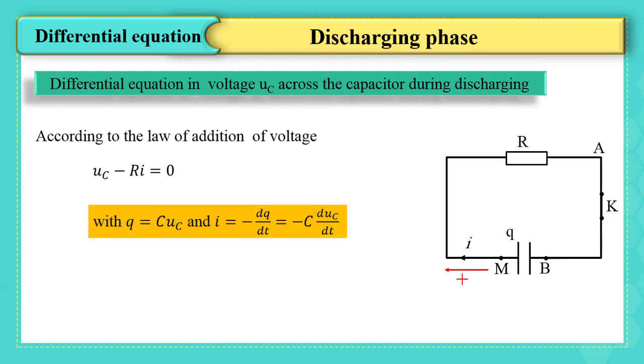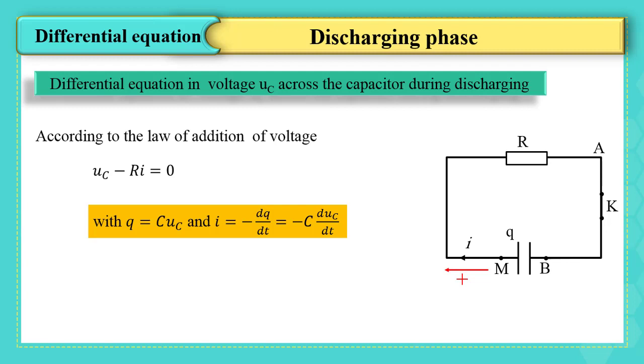Considering that Q is equal to C UC and I is equal to minus dQ over dt, since dQ over dt is negative because the capacitor is discharging and the electric charge at plate M is decreasing. But I is positive since it is in the positive direction chosen by us, so I equals minus dQ over dt.